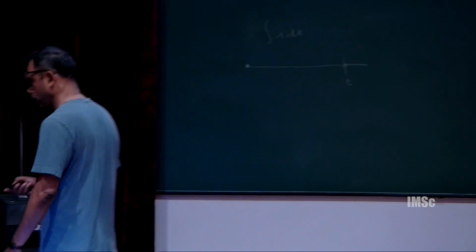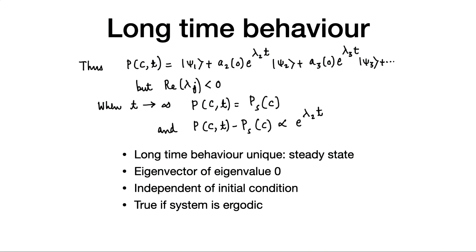That time I was not describing it well, I just jumped over it. So this was the long time. When I look at the eigenvalue expansion of the probabilities, it is psi 1, the steady state, plus the next eigenvector term, a2 of 0 e to the power lambda 2 t psi 2, then a3 with lambda 3, and so on.